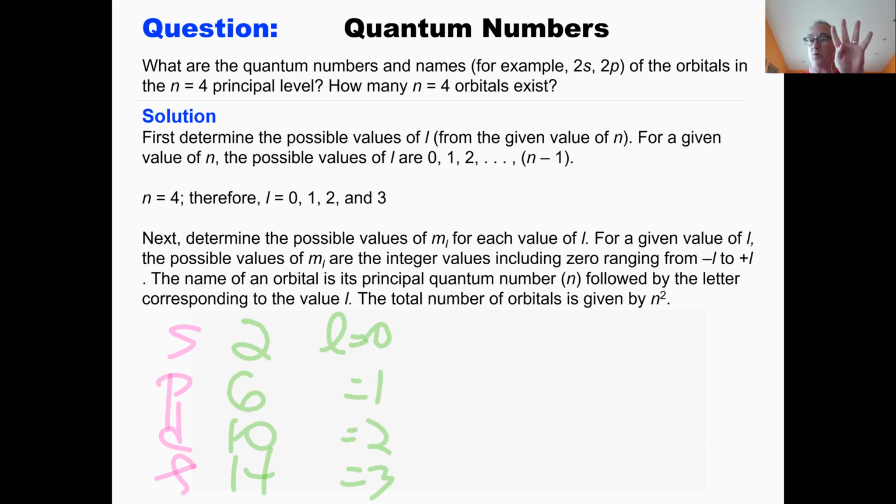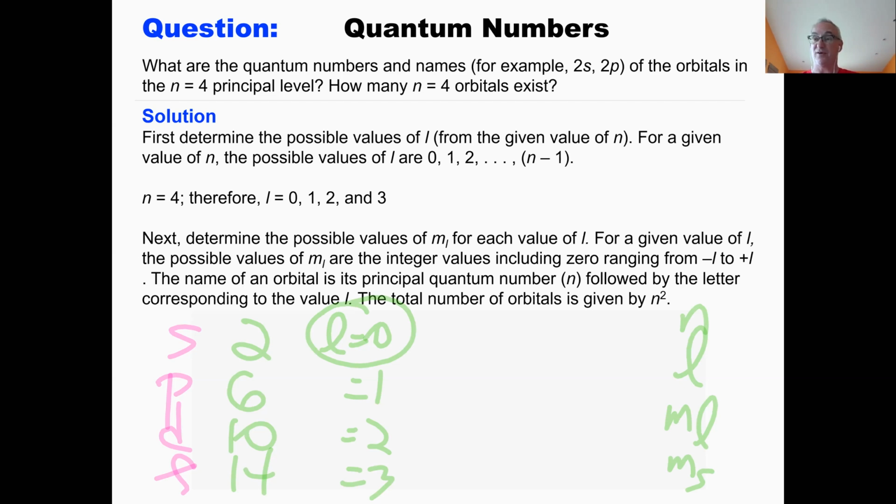Remember, we have 4 quantum numbers: shell, subshell, orbital, spin. If this is our subshell number, our orbital number is based on the subshell number. Now the orbital's total number is given by negative L to positive L. That's how many they have.